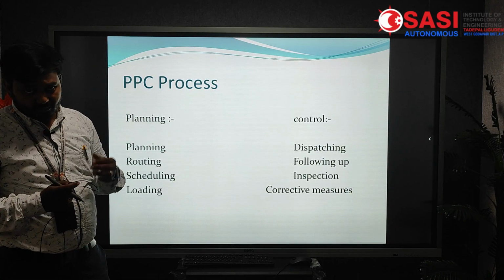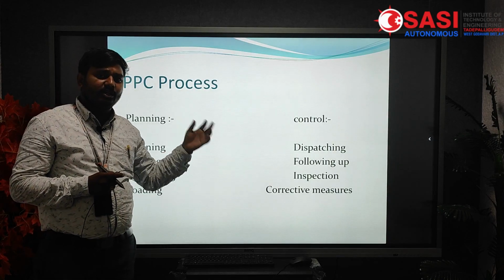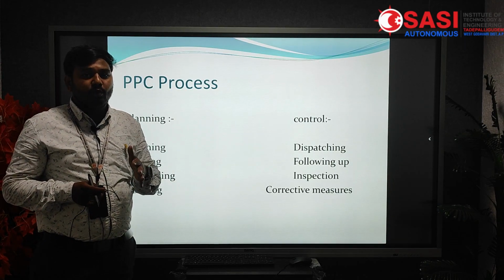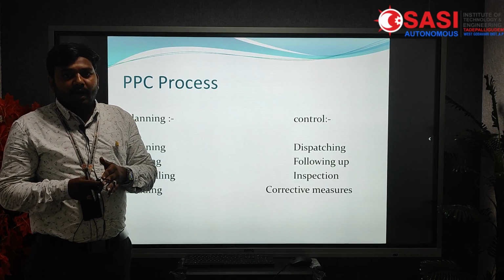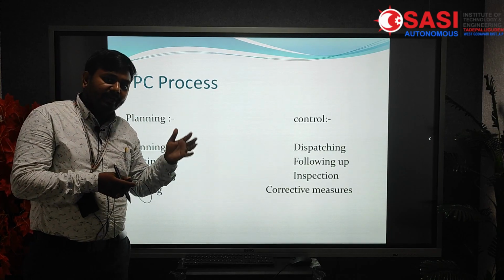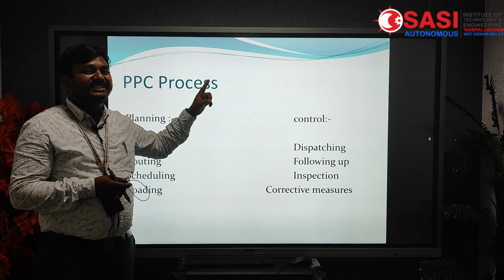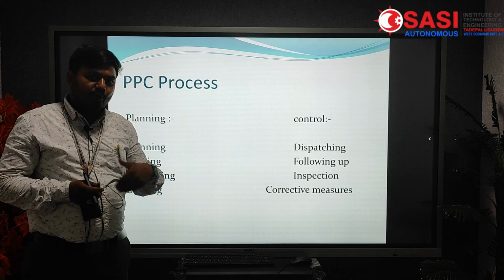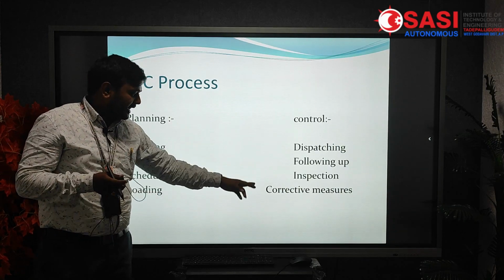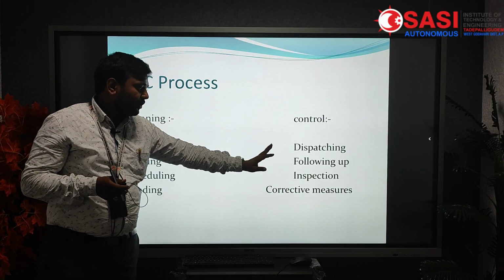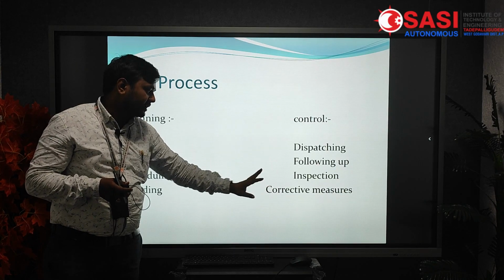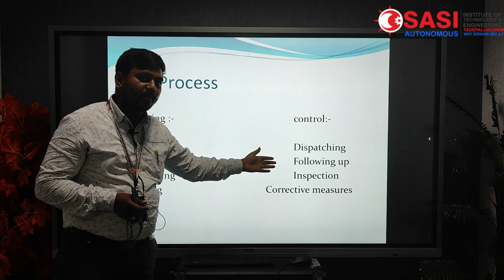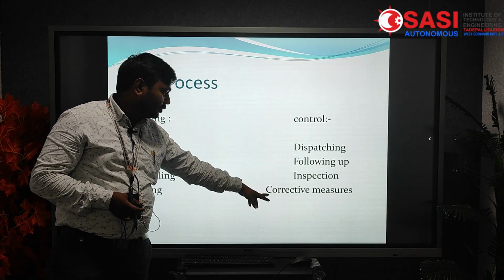In management terms, control is a process of setting some standards and making sure whether all our activities have been done according to the standards or not. If there are any deviations during the process, you need to take the corrective measures: dispatching, follow-up, inspection and corrective measures. You need to take all these three steps, then you need to take the corrective actions.